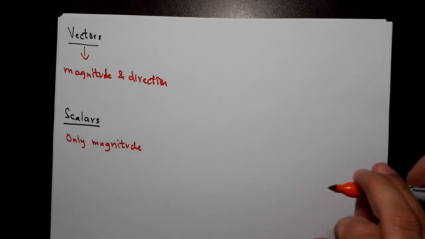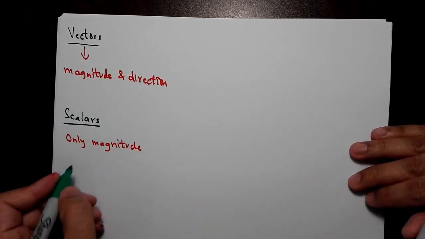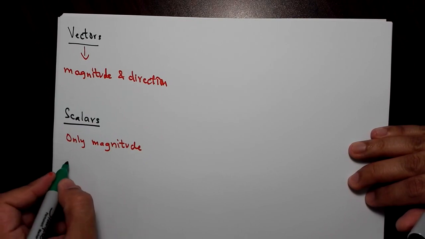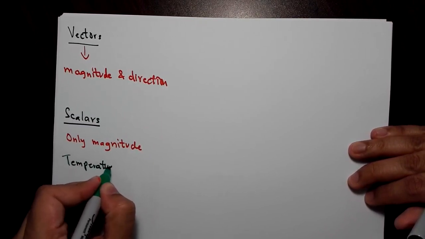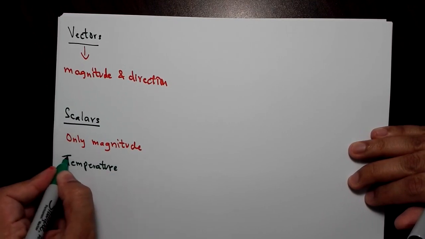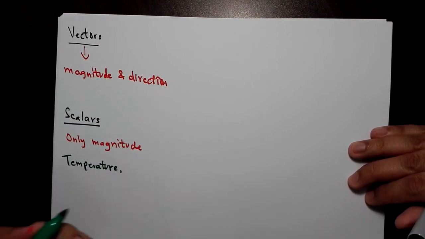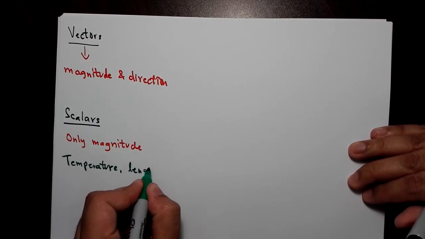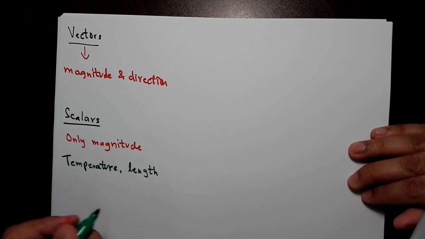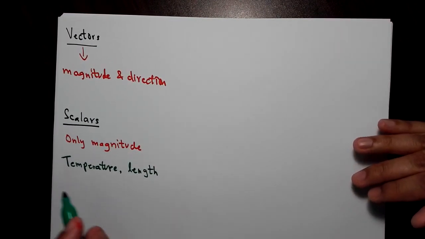So an example of scalars are temperature, and length of an object, length of a ruler, length of a table, or whatever. So length is also a scalar quantity, okay?